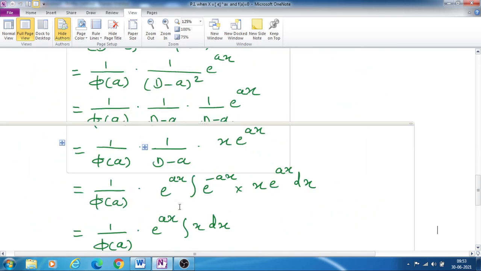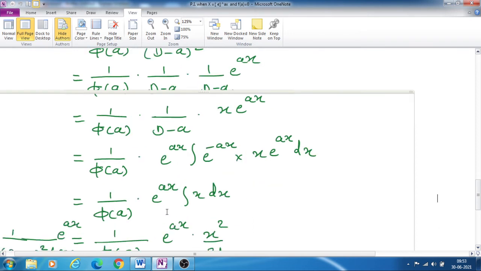So here we put x e raised to ax, and now again we have to operate 1 upon D minus a on x e raised to ax. So again using that formula, e raised to ax into integral of e raised to minus ax into x e raised to ax dx.